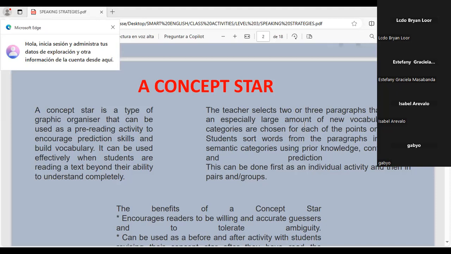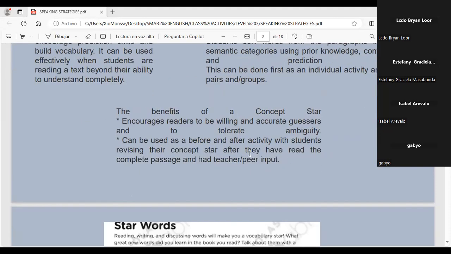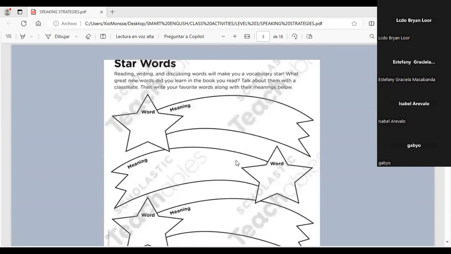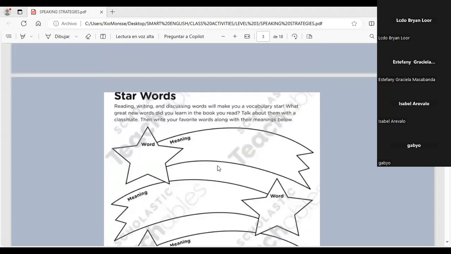In this case it's semantic, but you can do it in a different way, using context clues and prediction skills. Here you have the worksheet that you can use. There are many worksheets that you can search for and get from the internet. Do you understand this part?